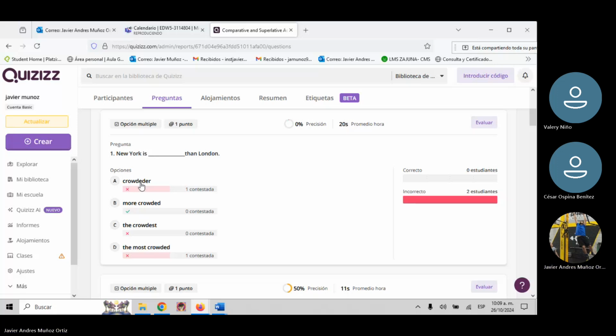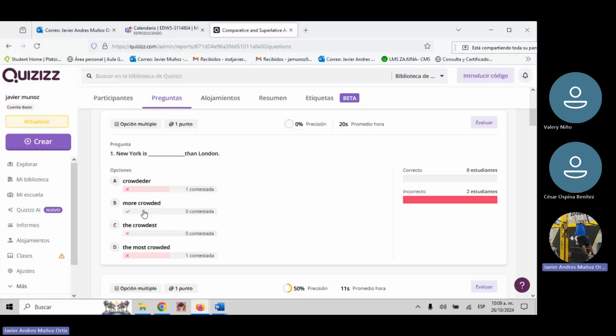In terms of grammar, both are correct, but it's even more common, even more precise, even more frequent to say more crowded. It has two syllables, crowded. So we are in a limbo here.